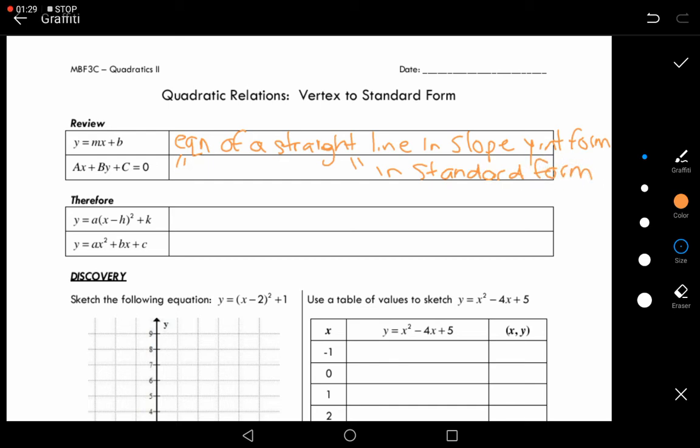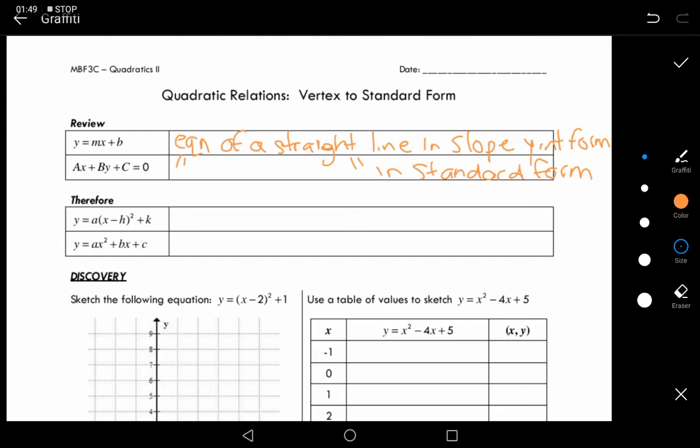So when you were looking at those linear relations, those straight lines, we saw them in two different forms. So therefore, when we're looking at these quadratic relations, this is just kind of to show you that we can write the same thing in different ways.